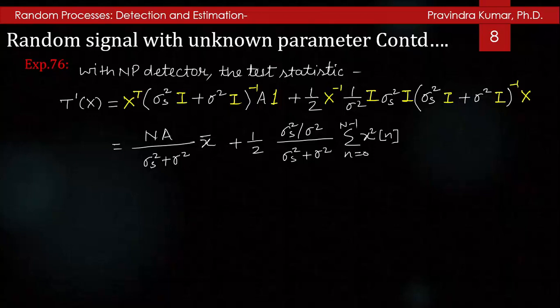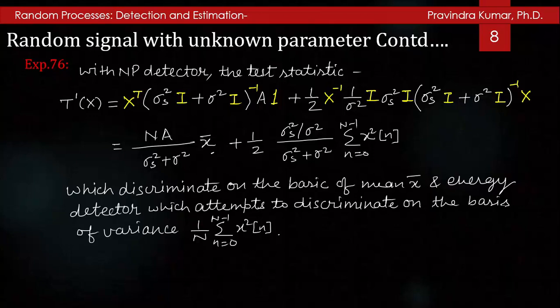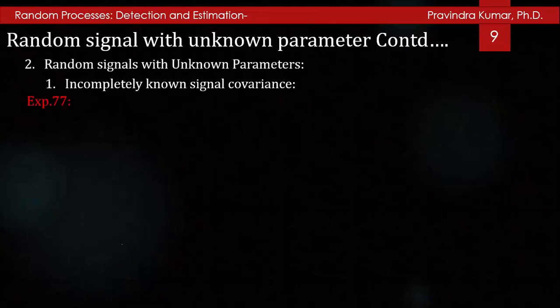The first term attempts to discriminate on the basis of the mean, an average detector, and the second is an energy detector, which attempts to discriminate on the basis of the variance, 1 by N summation n from 0 to N minus 1 x square n.